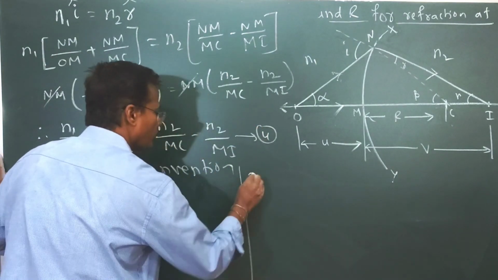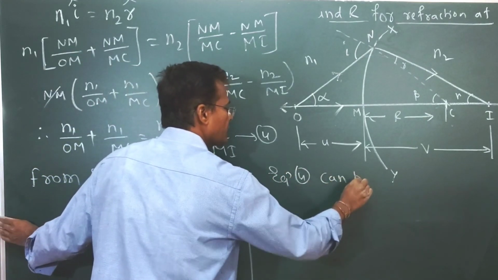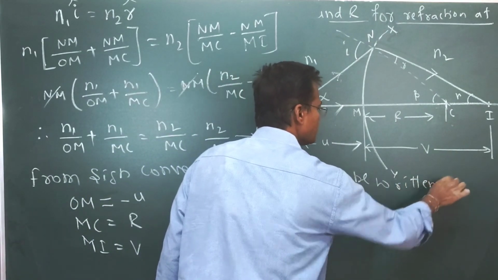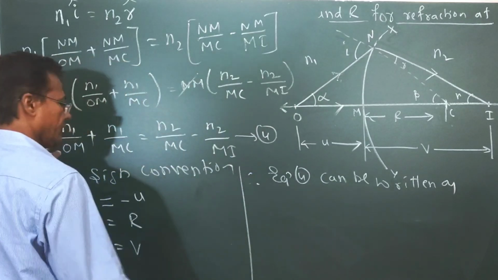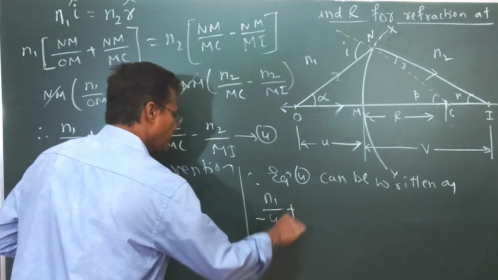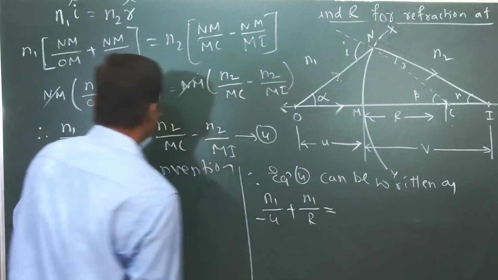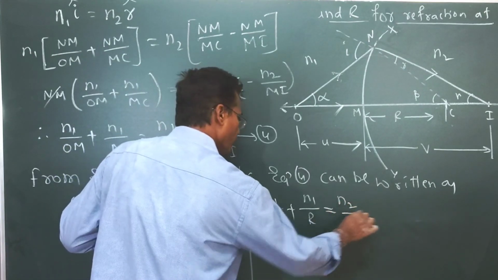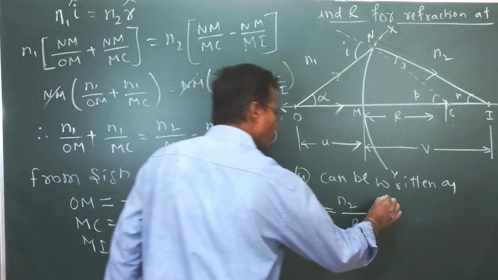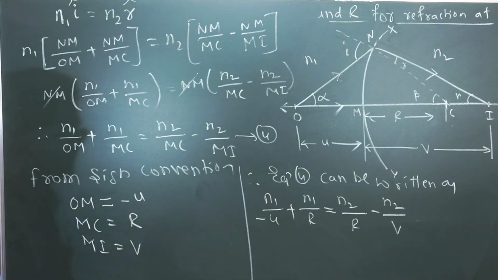So equation 4 can be written as n1 by minus u plus n1 by R equals n2 by R minus n2 by V.